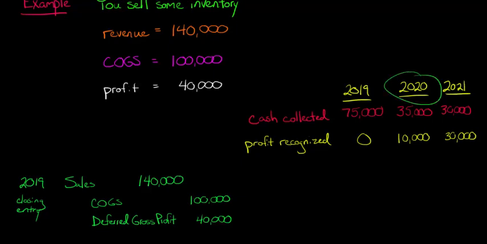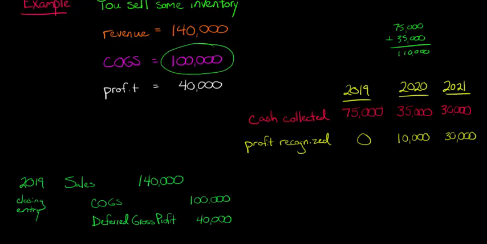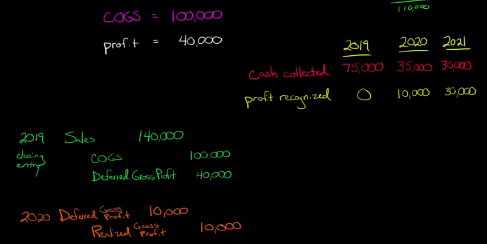2020 rolls around, and now we collect an additional $35,000. So what we've collected is $75,000, the total up to this point, plus $35,000. That gives us $110,000. Now we go back to our rule. Have we collected at least $100,000? Yes, we've collected $110,000 up till now. So now we can recognize $10,000.